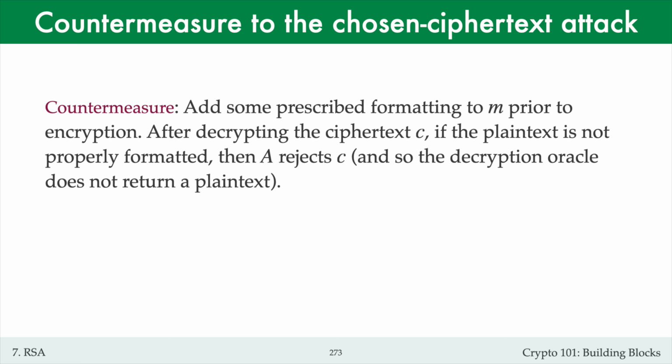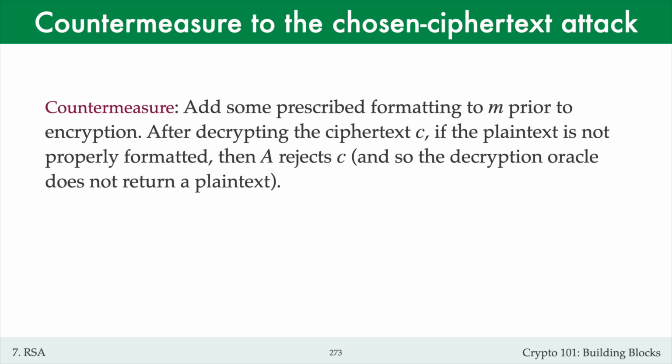A countermeasure to circumvent chosen-ciphertext attacks is to add some prescribed formatting to the plaintext prior to encryption. After decrypting the ciphertext C, if the plaintext is not properly formatted, then Alice would reject C, and so the decryption oracle available to the adversary does not return a plaintext.